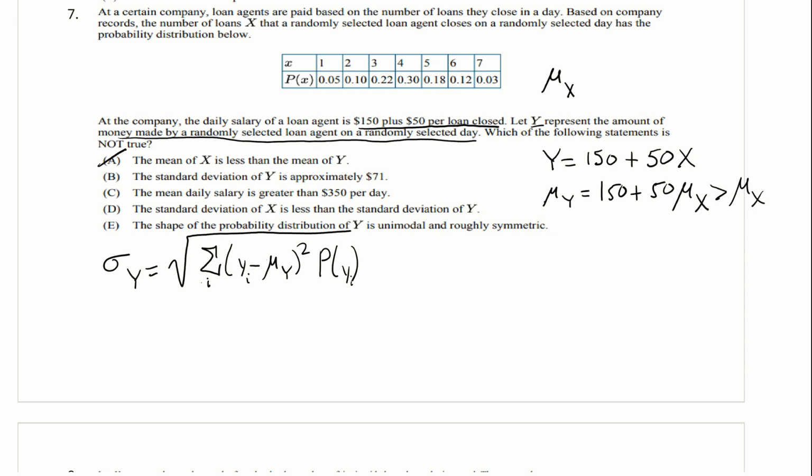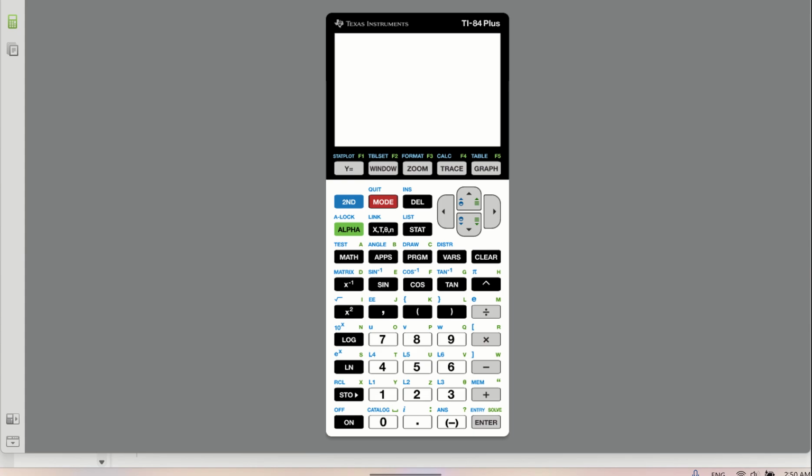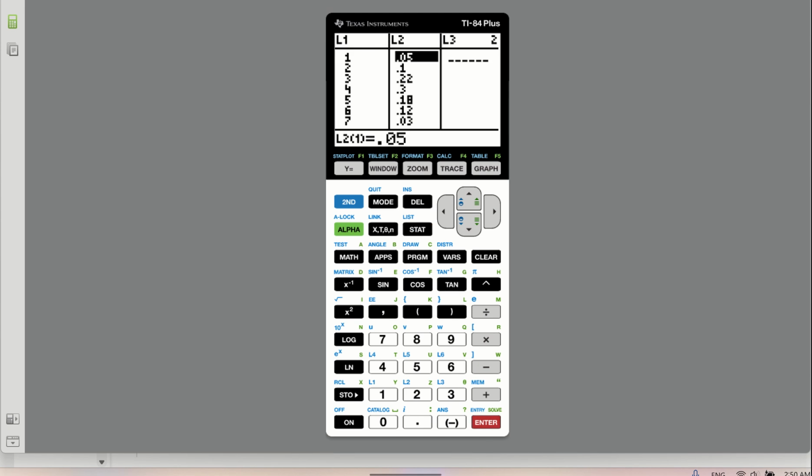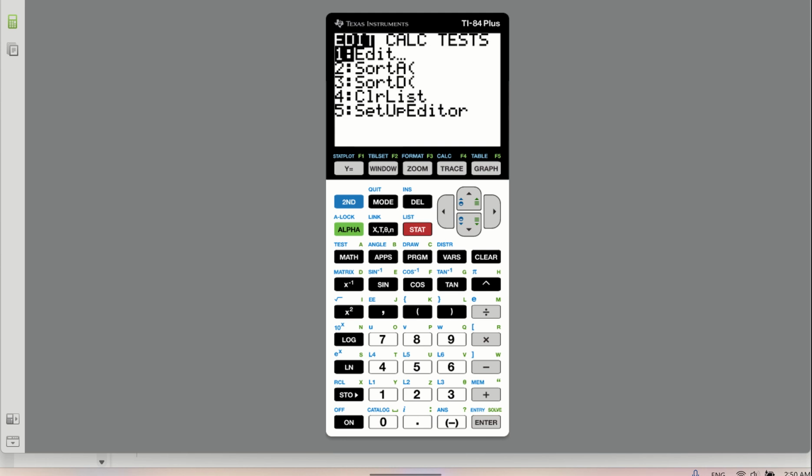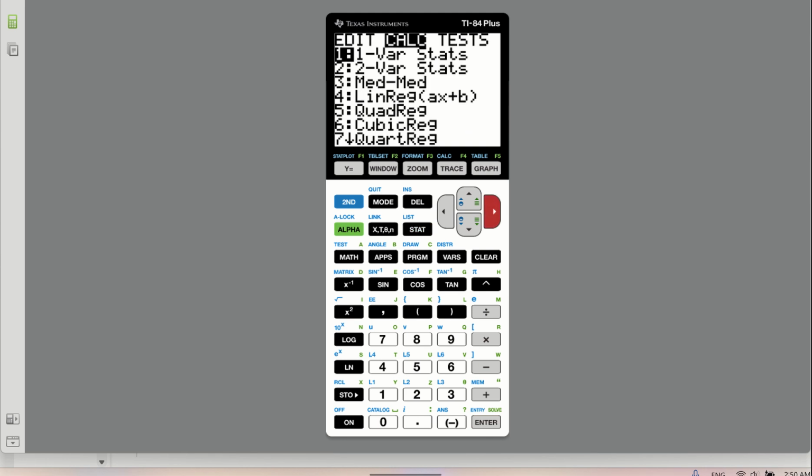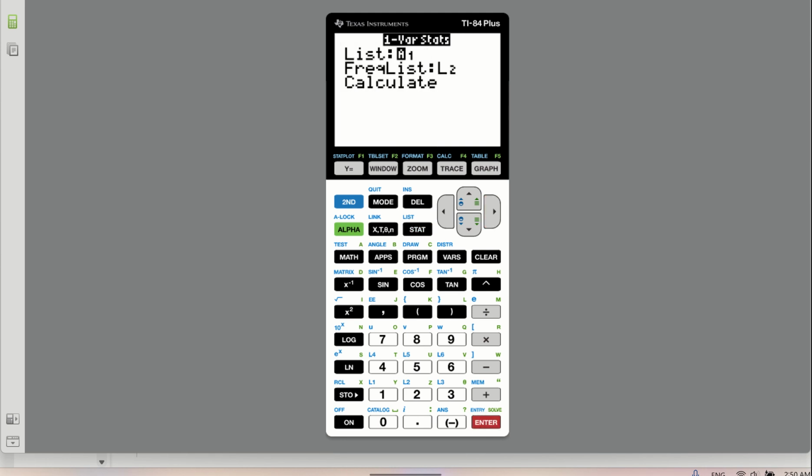And this is a perfect question for you to just calculate using the calculator. So let's show you how to do that. We're going to go to stat, edit, and then we type in the values. I've already typed in the values here. We go stat, edit, calc, and one variable stats, L1, L2.